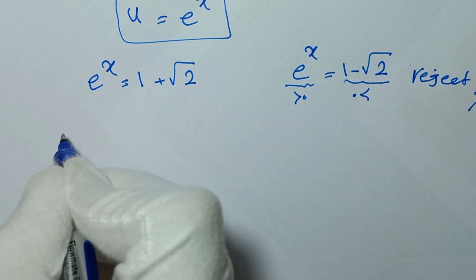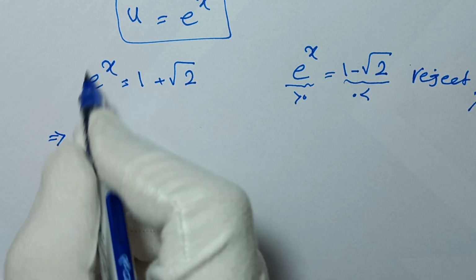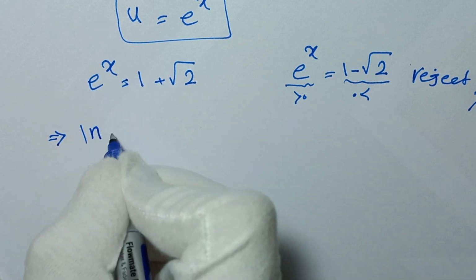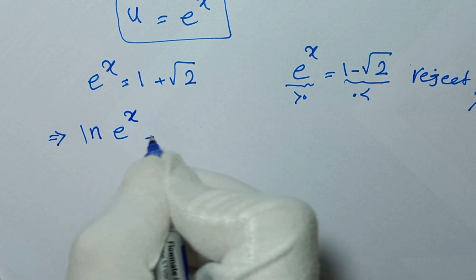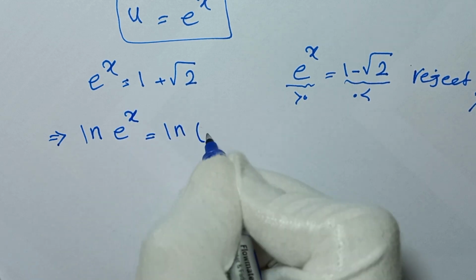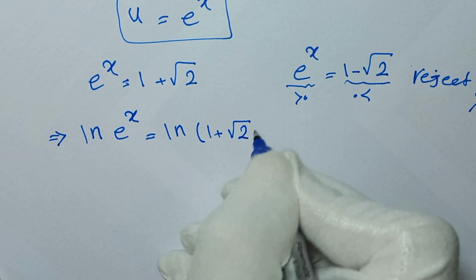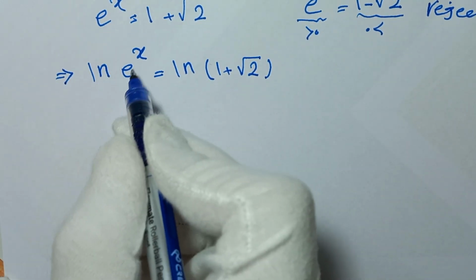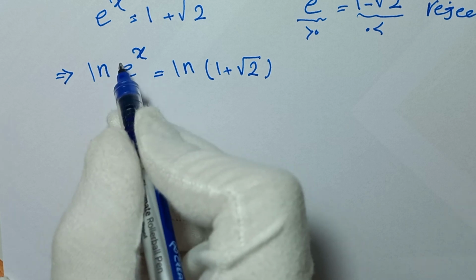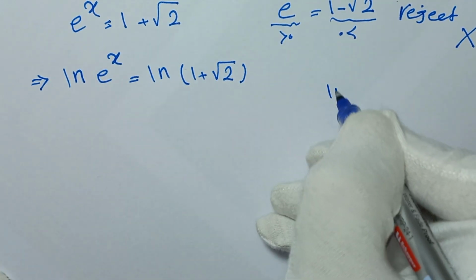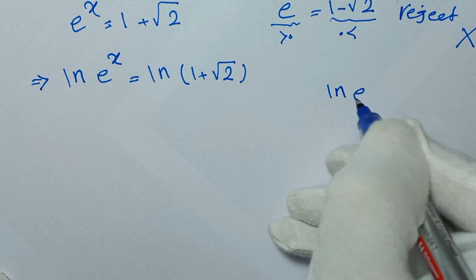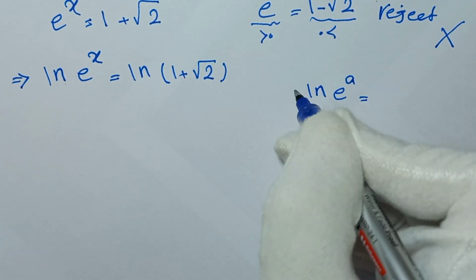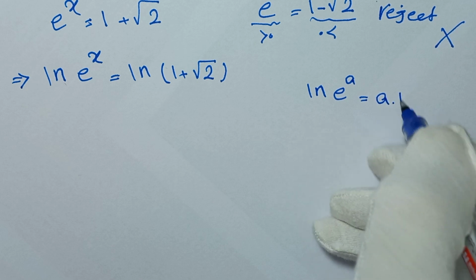And here we apply natural log to both sides of this equation. So it will be ln of e^x = ln of (1 + square root of 2). So here, ln of e^x is equal to x. Because as you know, if we have ln of e^a, we can take this power outside of ln, and it will be a times ln of e.